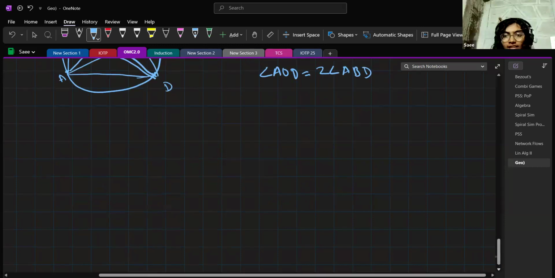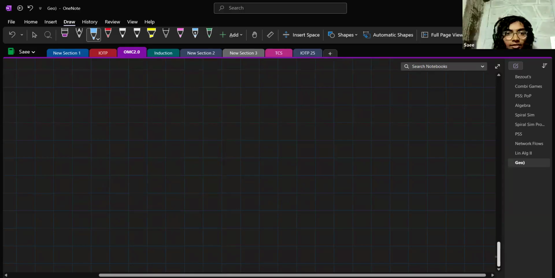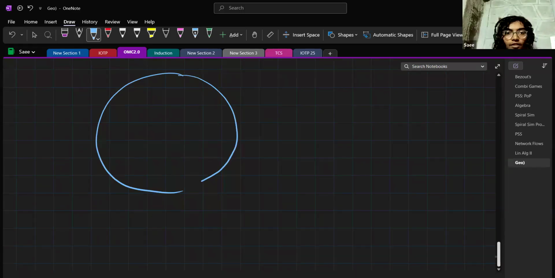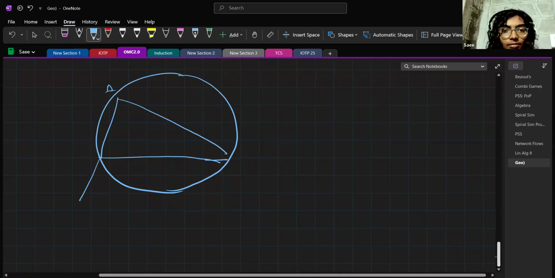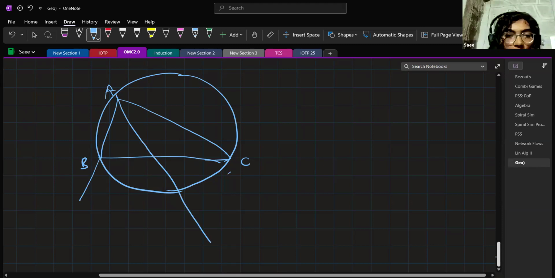Okay, let's try to see some simple things related to circles and triangles. So let's say you have ABC. Oh no, B should be here. A, B, C. Let me try to make it slightly better.